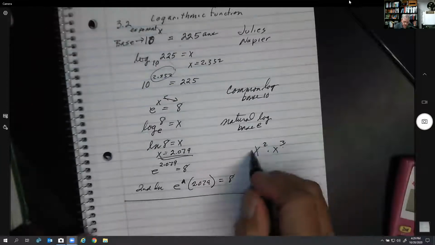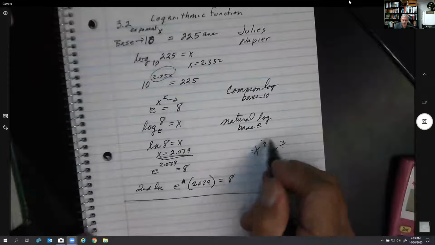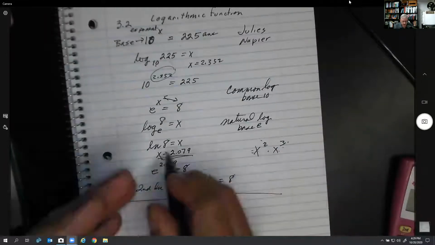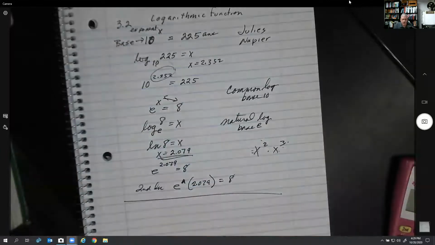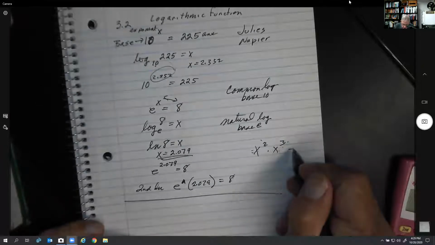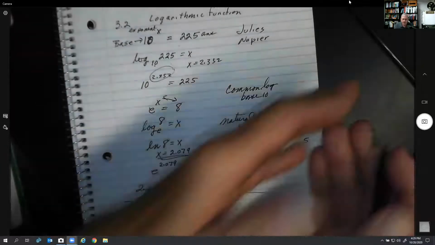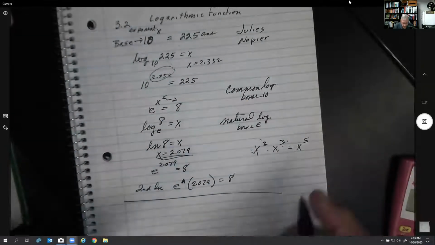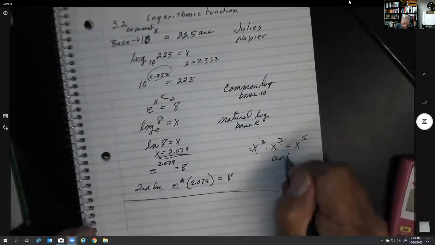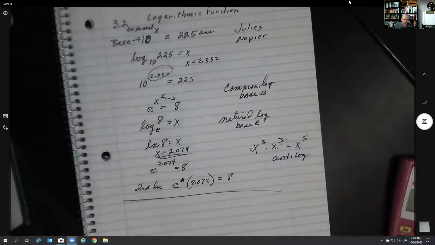So when we want to multiply bases, we add the exponents. So when we're working with logarithms, we're converting things to their exponents, and then we add the exponents, and then we convert back by using something called an anti-log, second log. We can convert back to our original problem.